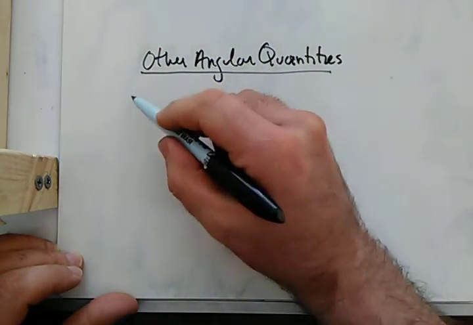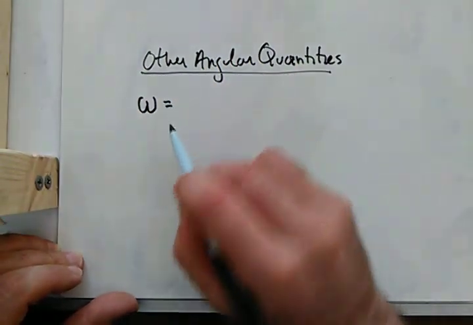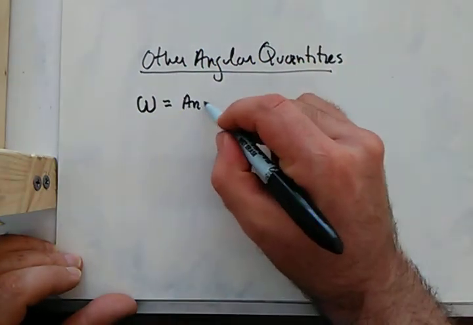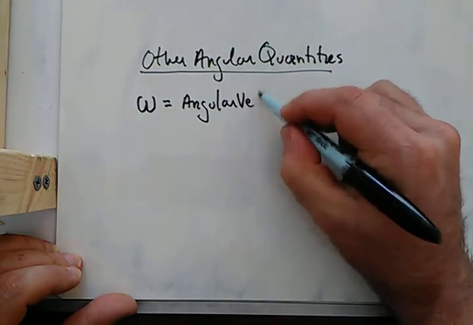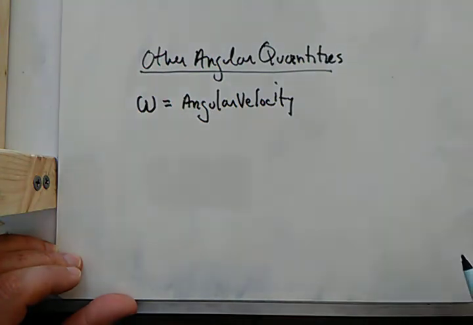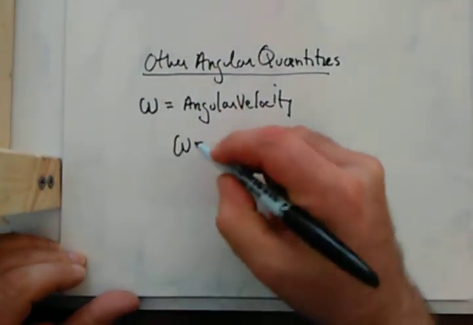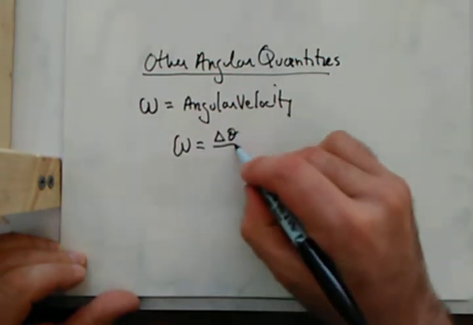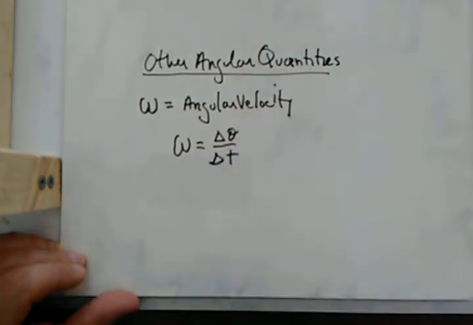One being, we'll write it like this, angular velocity. Angular velocity can be defined as the change in angle over the change in time.